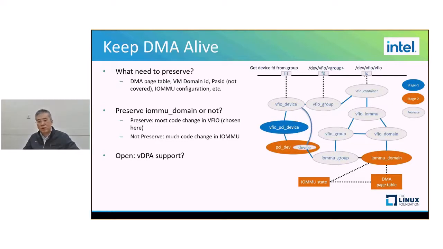Then, do we want to consider other device pass-through framework, such as VDPA? It looks more reasonable to let the IOMMU driver do more things than both VDPA and the VFIO duplicate the efforts. Currently, our POC work chooses to preserve the IOMMU, and this leaves this issue as an open.